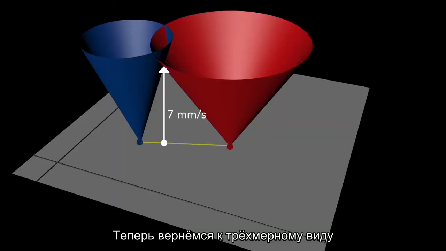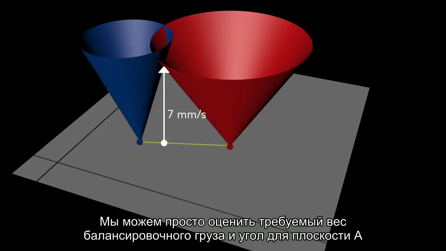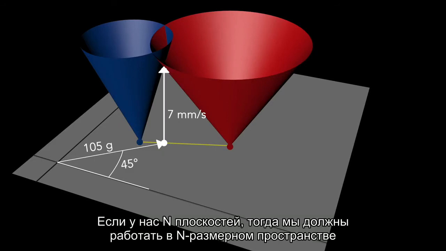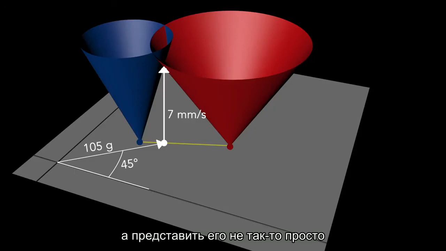Now we return back to three-dimension view. We can simply evaluate the required balancing mass and angle for plane 1. When we mount it, we should get 7 mm per second amplitudes for both measurement points. If we have n planes, then we would work in n planes dimension, and to imagine it is not so simple.